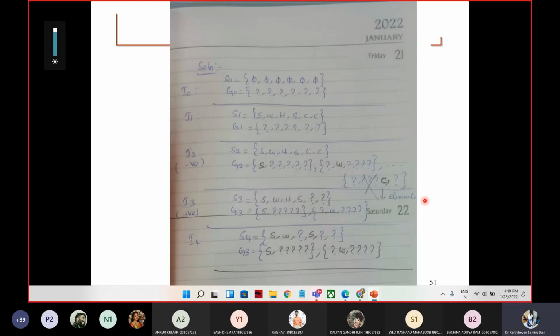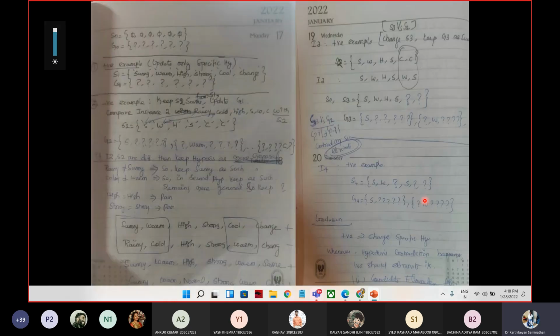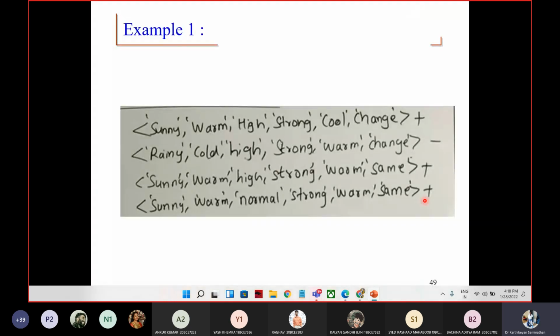You can write it on a piece of paper. Just note down: sunny, warm, high, strong, cool, change. I think noted, right?